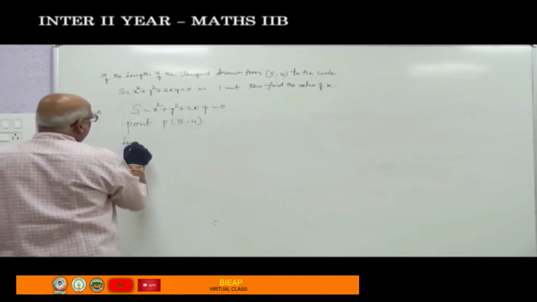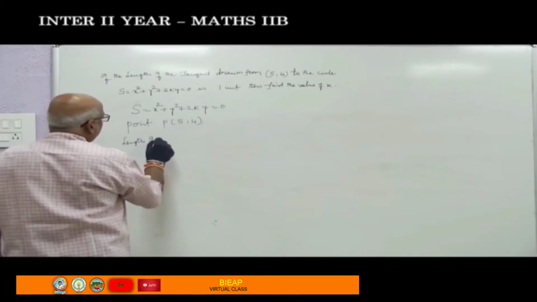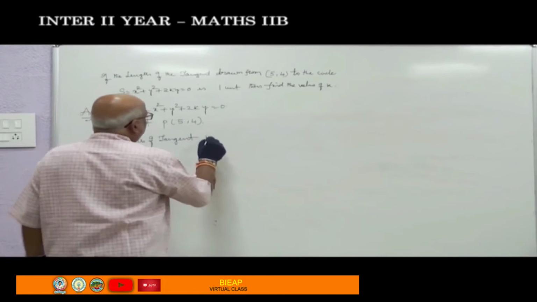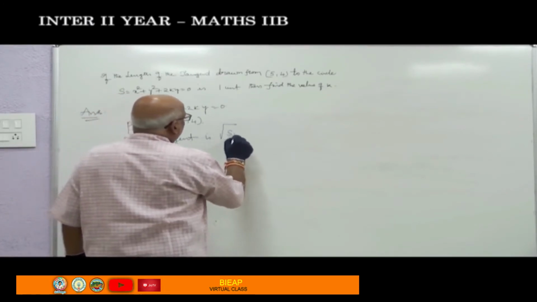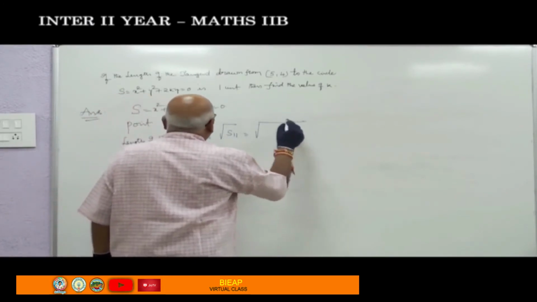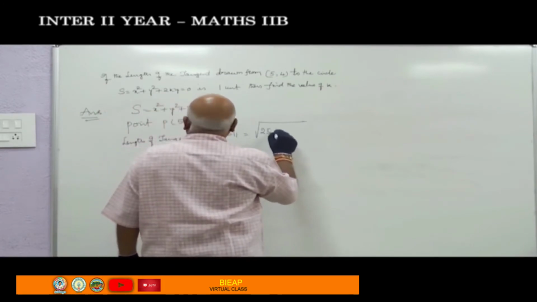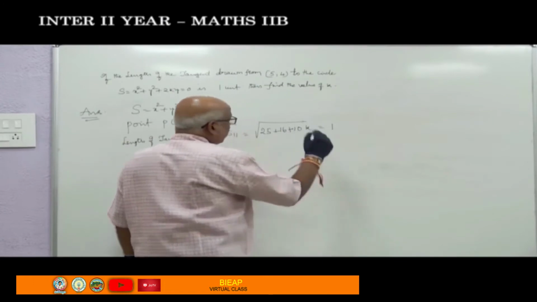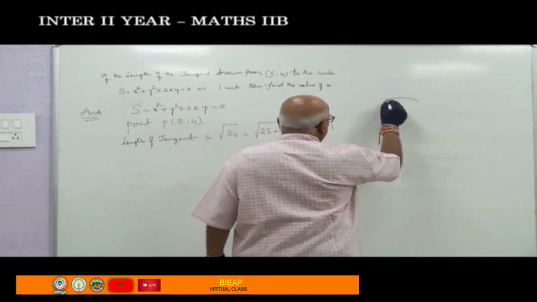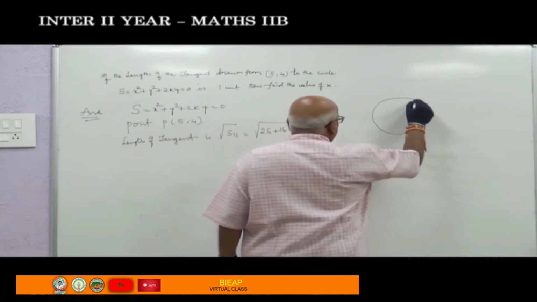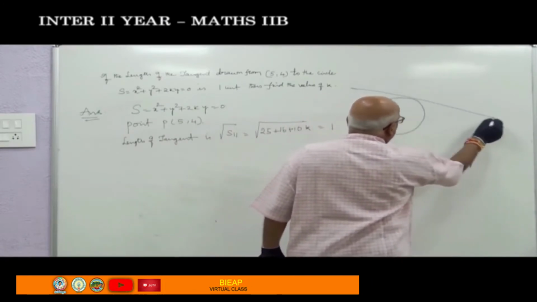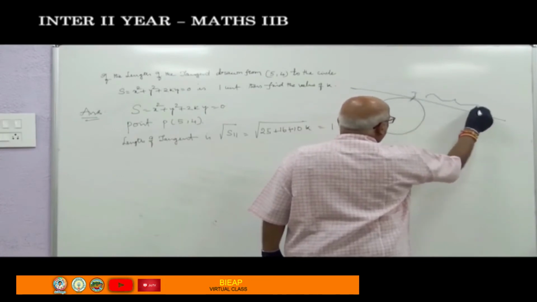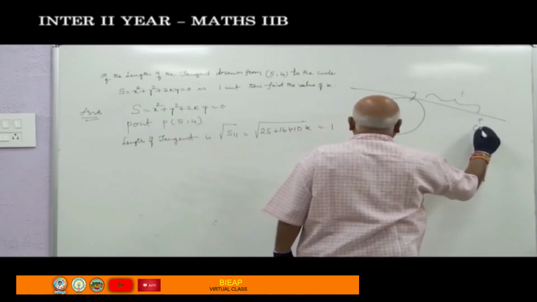Length of tangent is root S11, root of 25 plus 16 plus 10k is equal to 1, he gave. That means if you see the diagram, suppose this is the circle and this is tangent. This length he has given as 1 unit. Point is 5 comma 4.